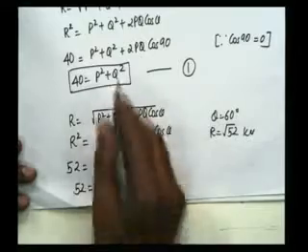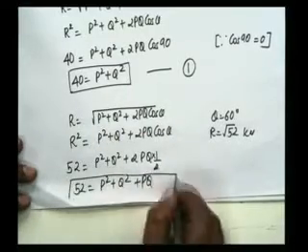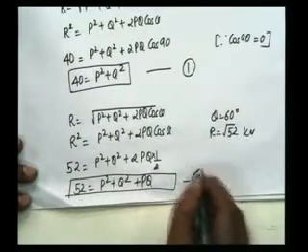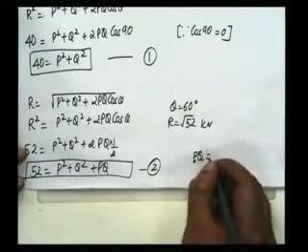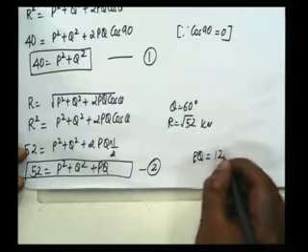Now on analyzing these two equations, we can say that PQ will be equal to 12.